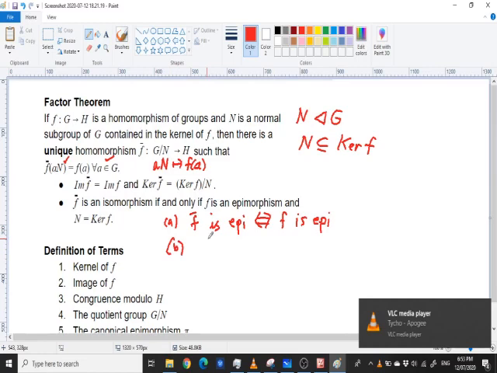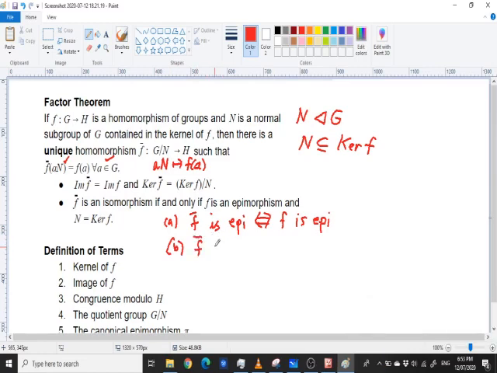The second part is f bar is a monomorphism, meaning an injective, one-to-one homomorphism, if and only if N equals the kernel.